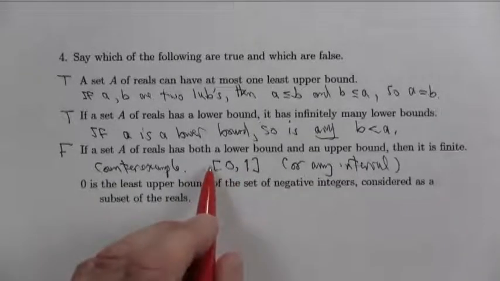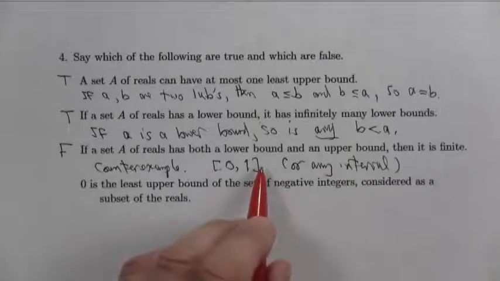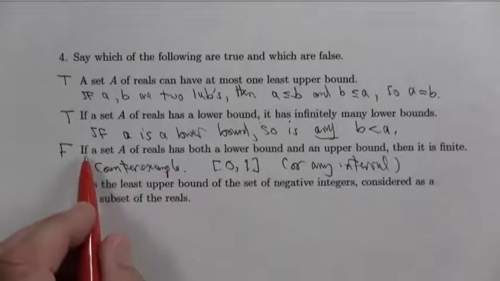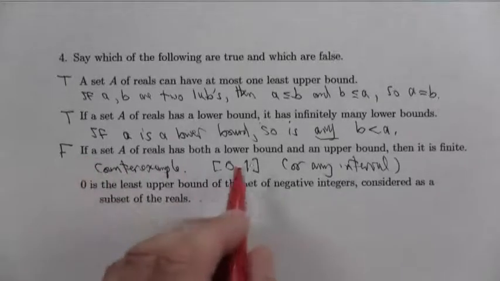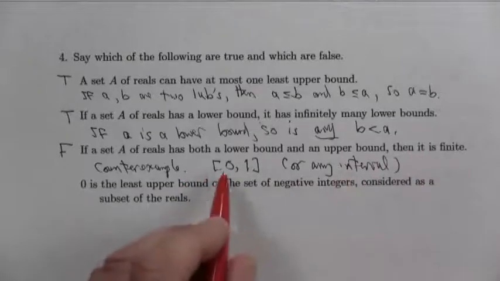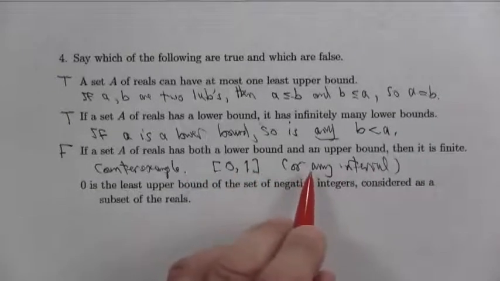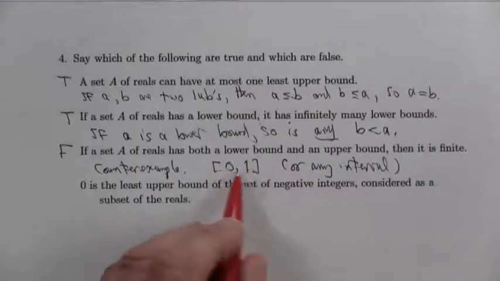But it's got a lower bound, namely 0, and it's got an upper bound, namely 1. So it's not finite. The question was to show that if it's got a lower bound and upper bound, then it's finite. It's false, because it has a lower bound, it has an upper bound, and it's infinite. It's got all of the real numbers between 0 and 1 inclusive.